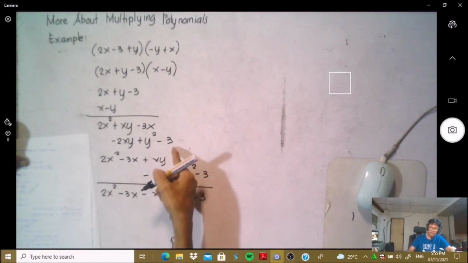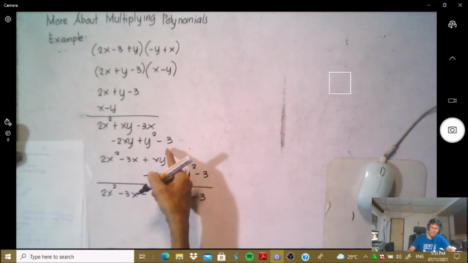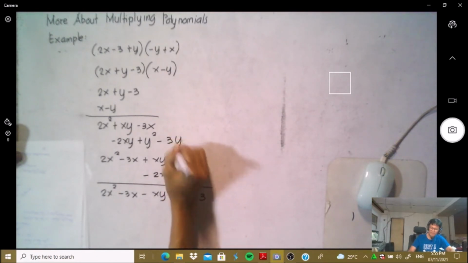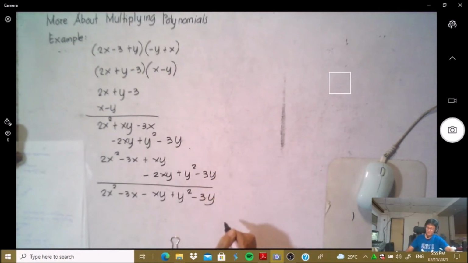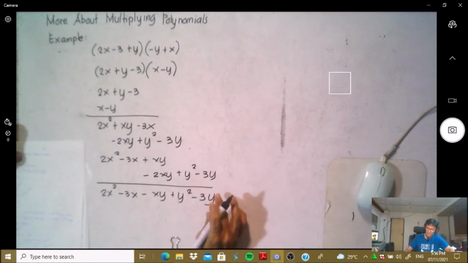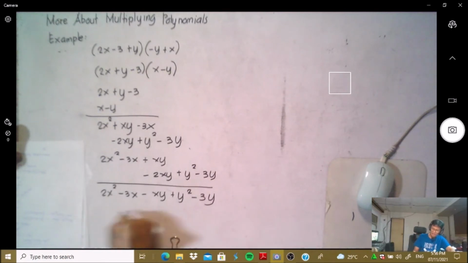Okay, wait, this should be 3y. So there should be 3y here, with y and y here. Meaning we have to rearrange this again, since it is not yet arranged.